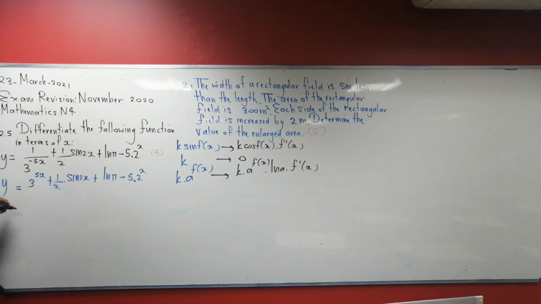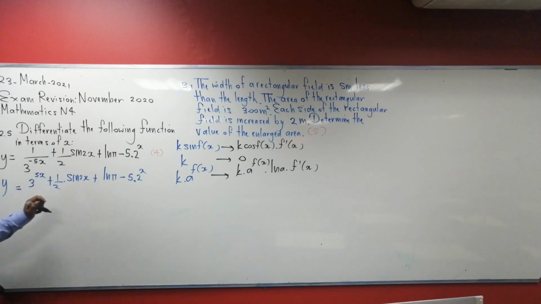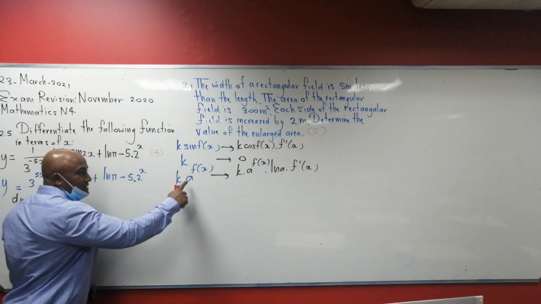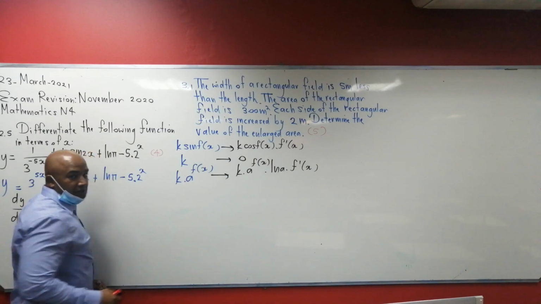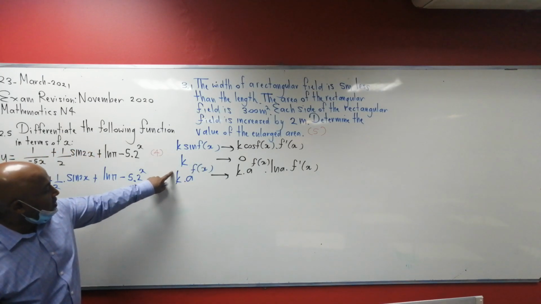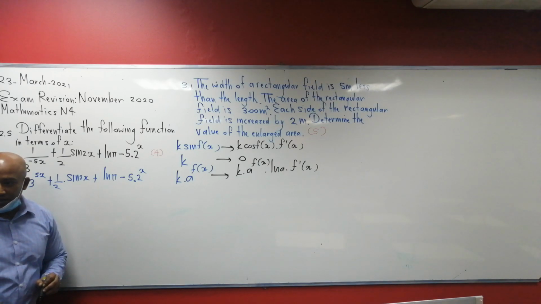So now let's differentiate. Remember, this is y in terms of x, so you're going to find dy over dx. You've got your base, which is 3, the base is a, and your exponent is your function of x, which is 5x. The coefficient, the number in front, if it's not shown, is a positive 1.